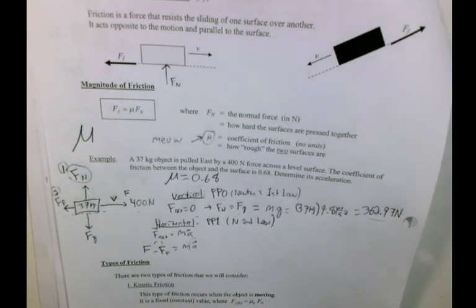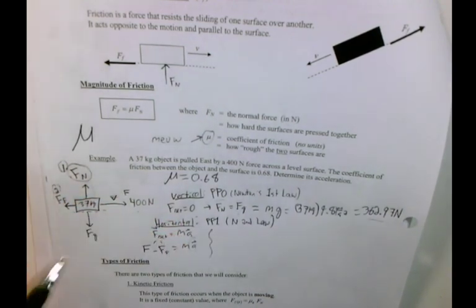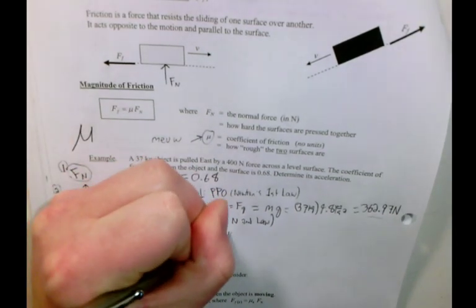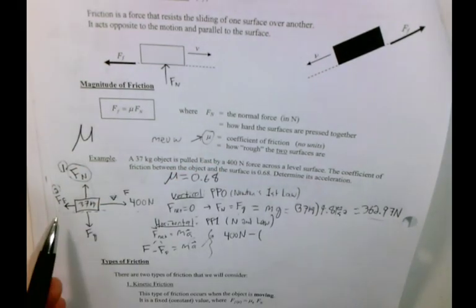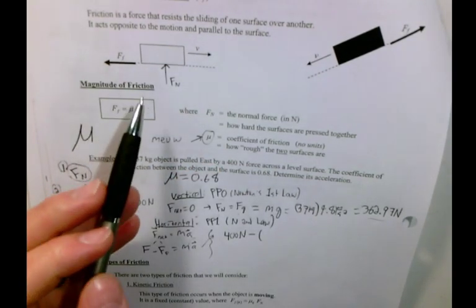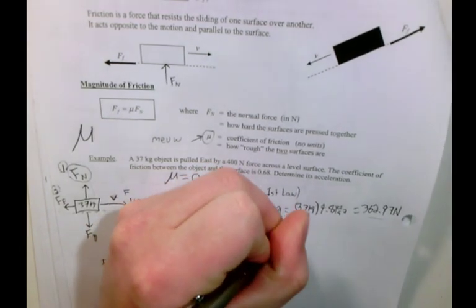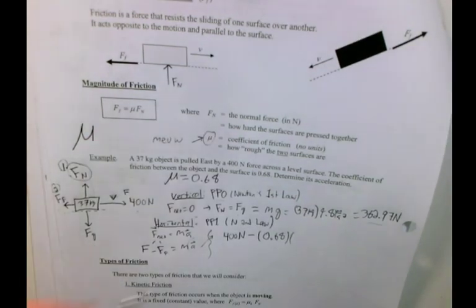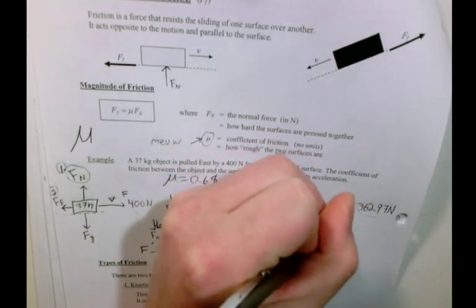That's what we're looking for. All right, now I'm going to substitute in my values and the formula for force of friction. So just carrying this over here, we have 400 newtons minus our force of friction, which is equal to the coefficient of friction, 0.68, times our normal force, 362.97 newtons.